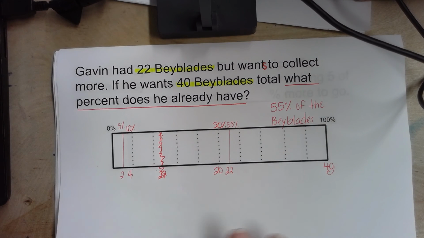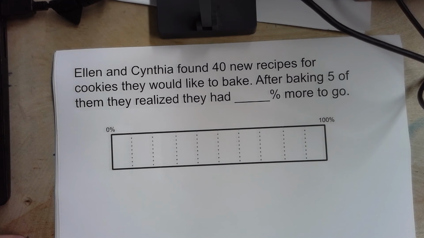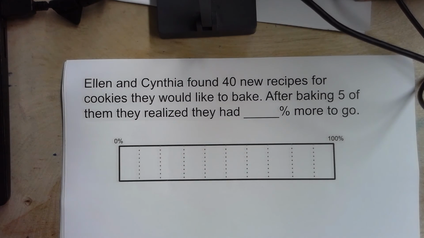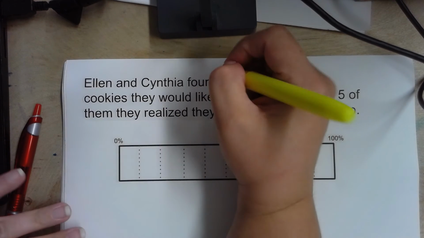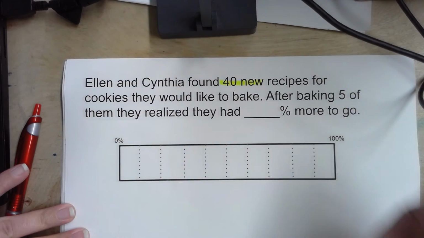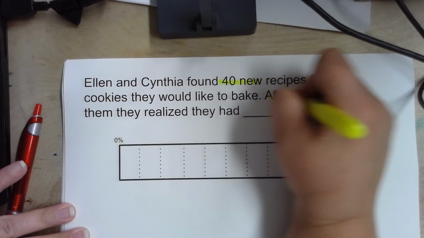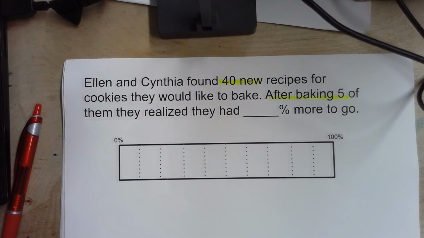That one was a little more difficult. All right. Ellen and Cynthia found 40 new recipes for cookies they would like to bake. After baking 5 of them, they realized they had what % more to go? So they have 40 recipes and they've baked 5.